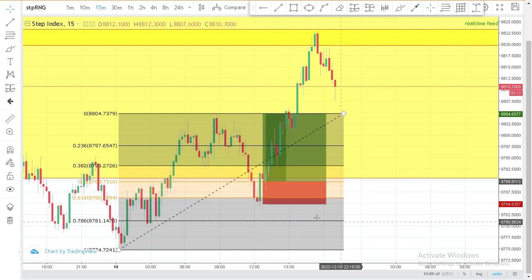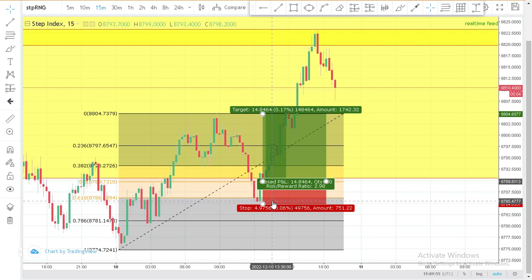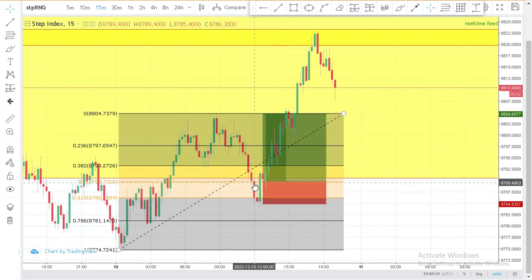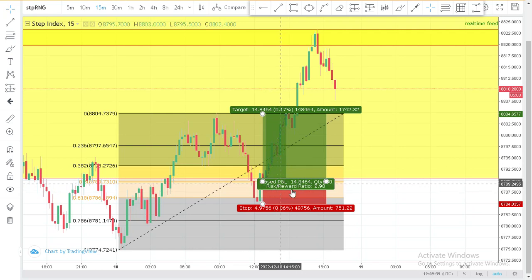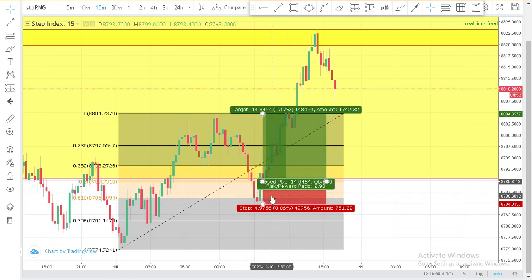It's pretty easy, guys. If price pushes back here, there will be no momentum on the bullish side, so that would be a sign, or that should tell you that buyers are actually losing power or losing control.